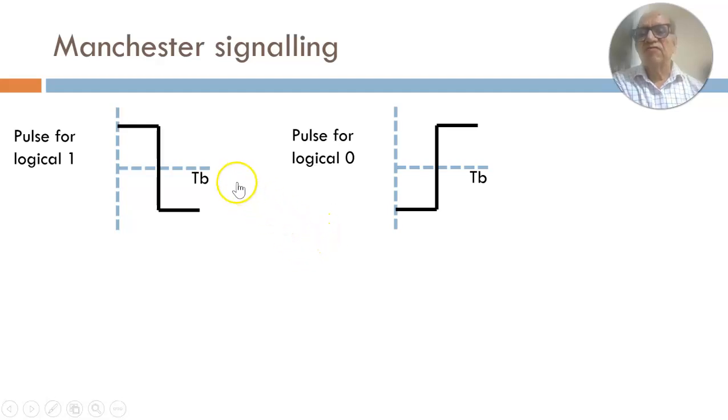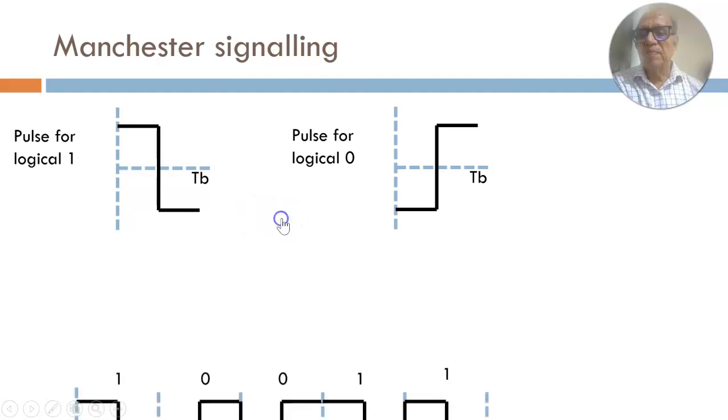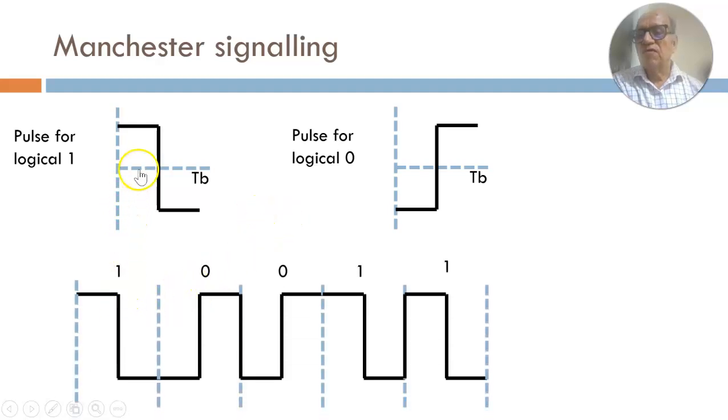So in order to get some feel for this, let us look at some data, a sequence of ones and zeros, and see how the signal will look. So suppose you have 1. This shows the time period, that is the bit time. During the bit time, 1 bit is being transmitted. So if 1 is to be transmitted, you have an edge in the negative direction.